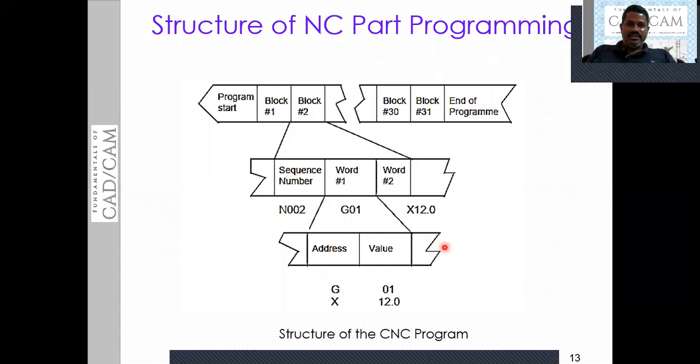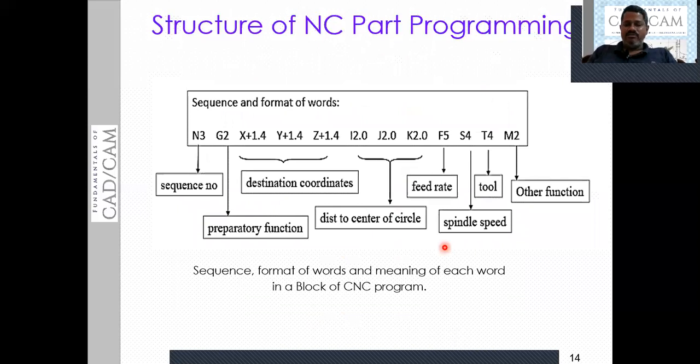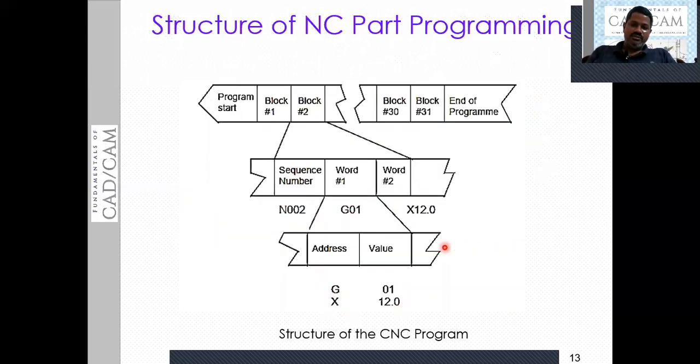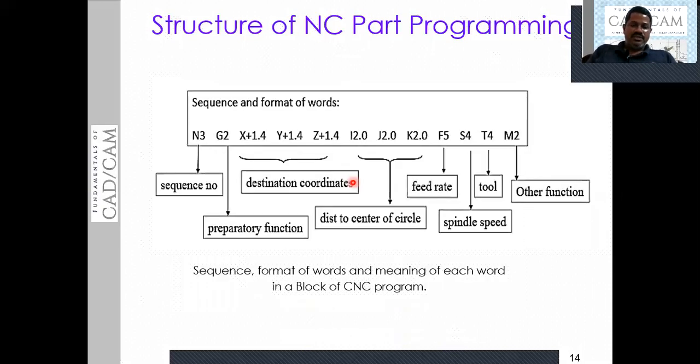Let me move further to discuss the sequence. Sequence is also very, very important: in what sequence we need to arrange these words. While writing the block of statement, we need to follow one order or one syntax to specify the words. The words must be specified in a certain order in a block of statement. In a block of statement, the sequence number will be the first word.